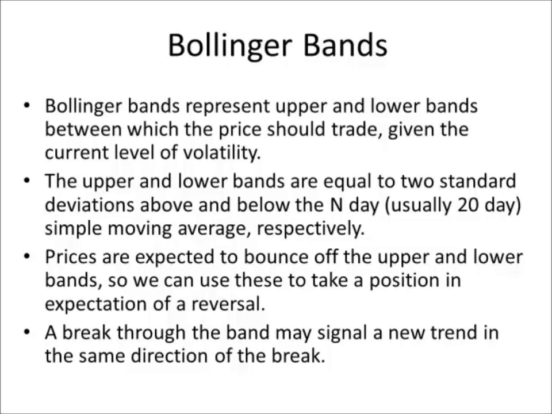Just for argument's sake, I'm going to calculate it to show you, and we'll see what the difference looks like. So I would do VMA 10, VMA 50, and VMA 10 will simply be the average of volume over the last 10 days. And VMA 50 is equal to the average of volume over the last 50 days.